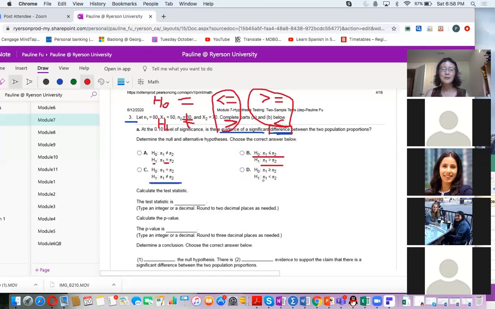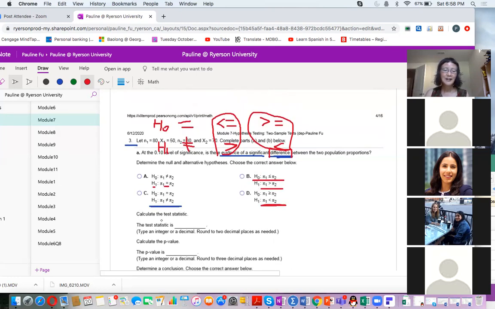D said, is there evidence that population 1 proportion is smaller than population 2 proportion? If that is the question, you answer D. Okay. So any questions?